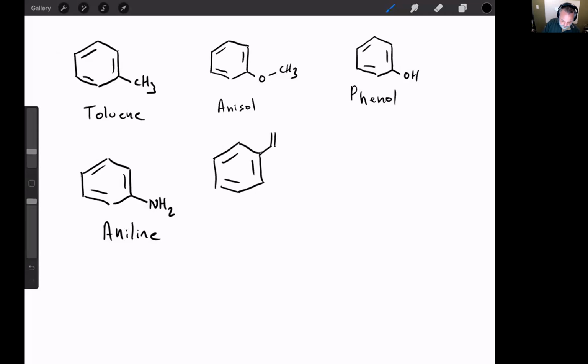Another functional group we could have could be a carboxylic acid. This is benzoic acid. Another functional group that we could have is an aldehyde. Guess what that's called?